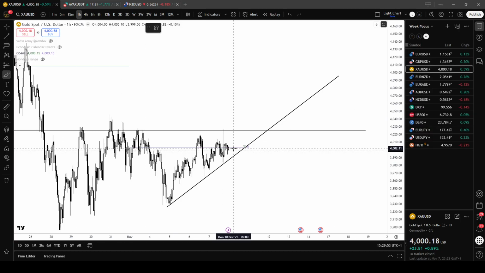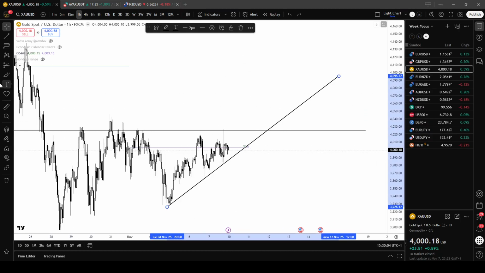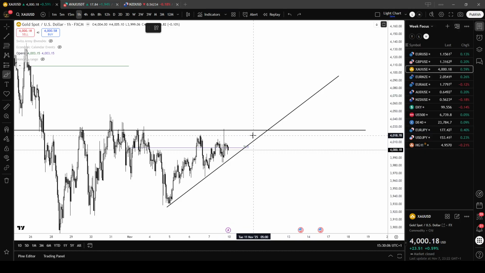We have the monthly open here, and we'll have a new weekly open around this area. I don't want to see price break this trend line. So this should happen on Monday or Tuesday. The move to the upside should happen quite early in the week, in my opinion. And I would say I don't want to see price break these lows.